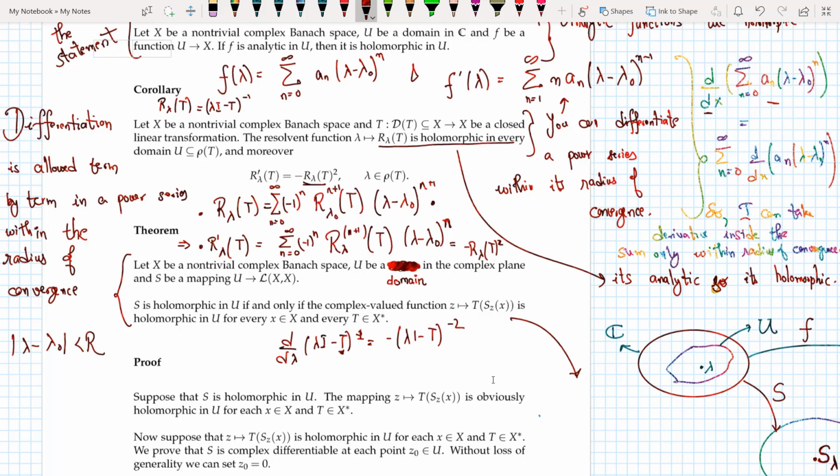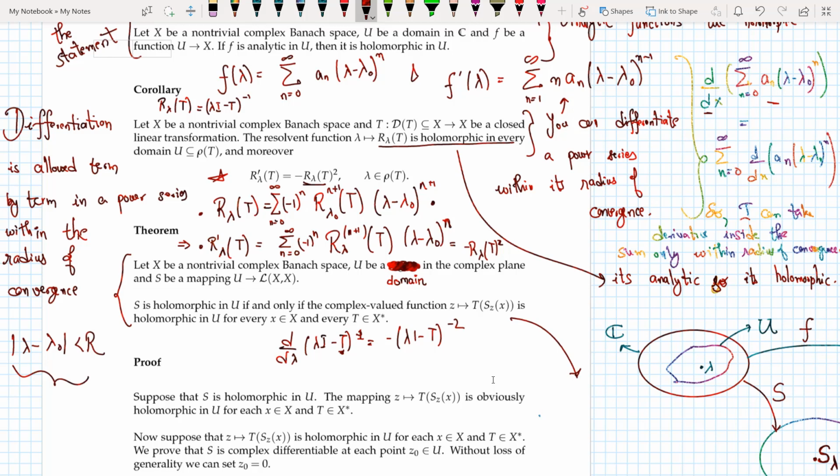But the power that I'm getting here, or the beauty of this corollary, is that I can forget the fact that we are in L(X). I can just follow the rules of calculus that I learned and apply that differentiation here, given that I am operating in this region, given that I am within the radius of convergence. So if that is the case, then the derivative of (lambda I minus T) inverse can be written as minus of (lambda I minus T) to the power -2, and this is exactly what the statement says.